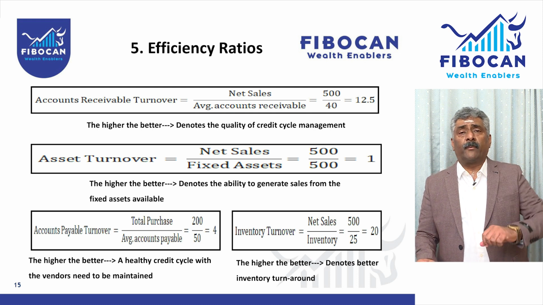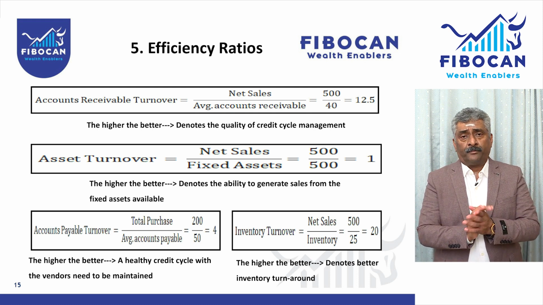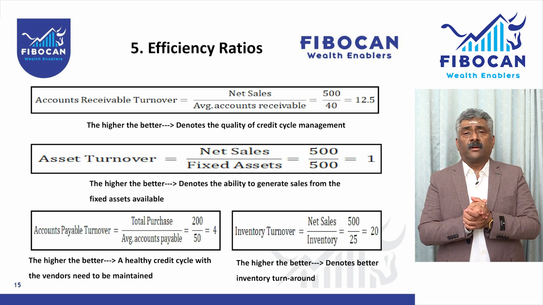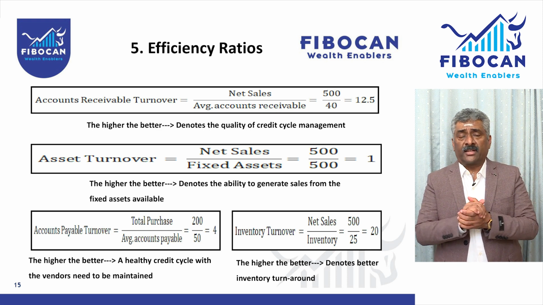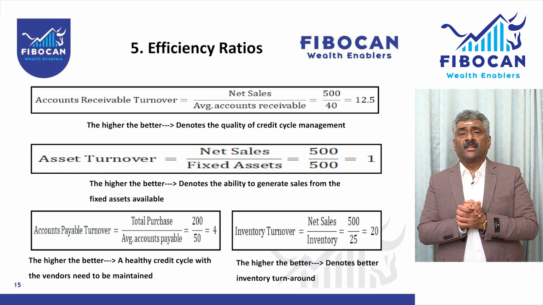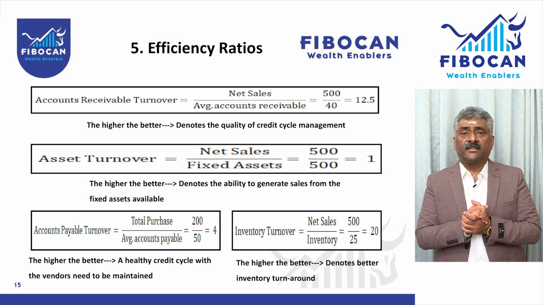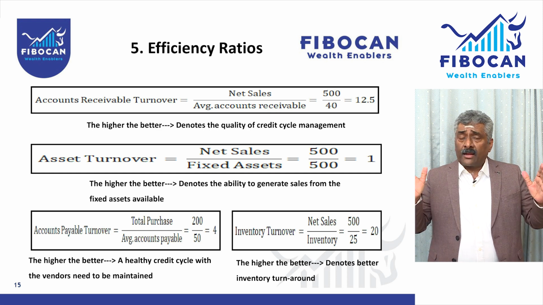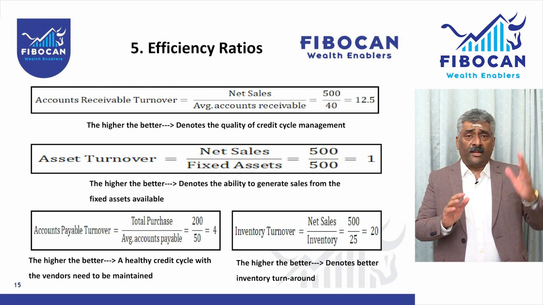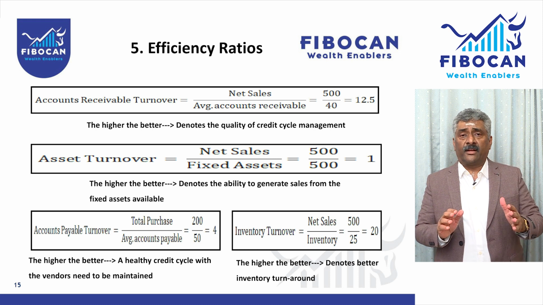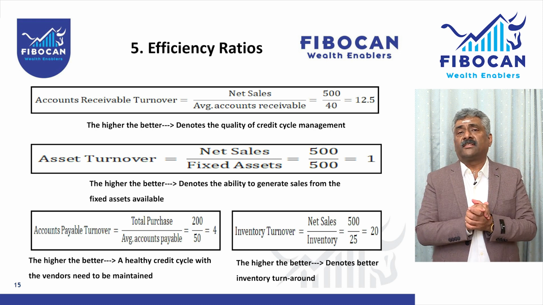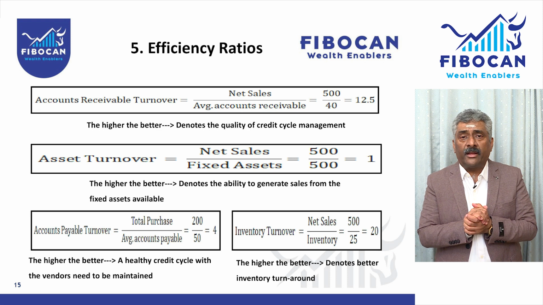A classic example: let us say a college has 50 students, it can induct 50 students, it charges 1 lakh rupees as annual fee from each student, that means 50 lakhs revenue. The classroom is the same, light and everything, of course the current charge will be slightly more, but the classroom and other infrastructure is the same, the fixed assets are the same, right.